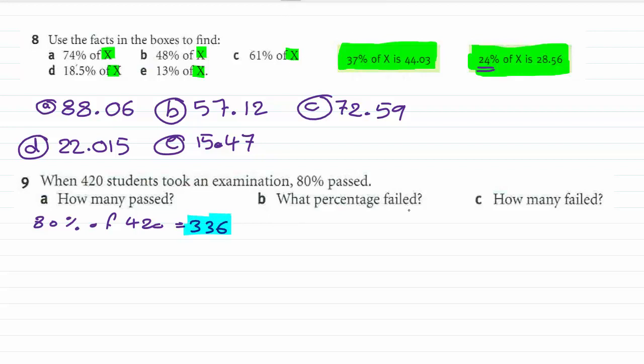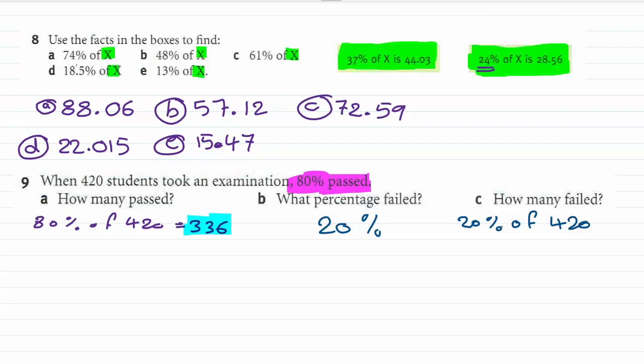Okay, what percentage failed? It's given in the question that 80% passed. So it means 20% failed. Then the question says how many failed. It means we need to work out 20% of 420.